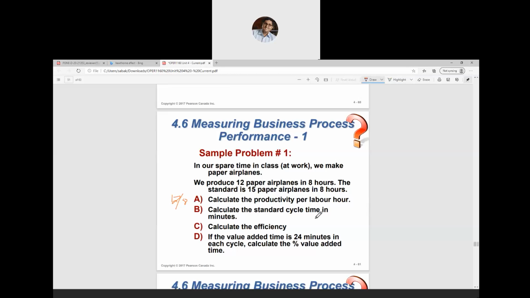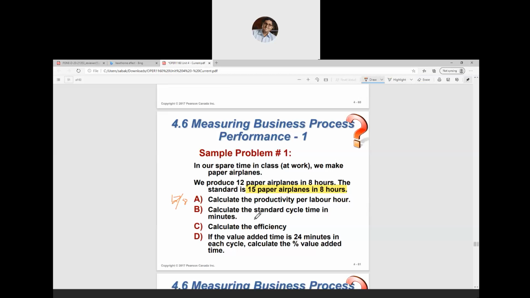And it is asking what is the standard cycle time. If the standard is 15 airplanes in 8 hours, for making one airplane, how many minutes will I be spending?